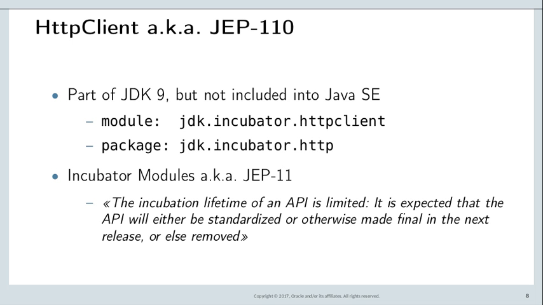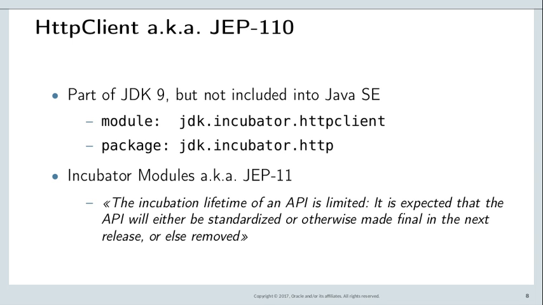The incubator module is a special feature that also appeared in Java 9, where we could put some new experimental software, some libraries. We could make those things available to the public, collect feedback and change them, because otherwise, if we put new classes, new functionality directly into Java SE, we would have to freeze that API forever.